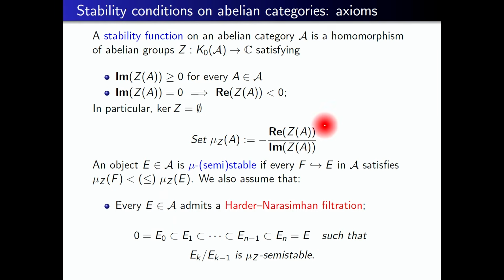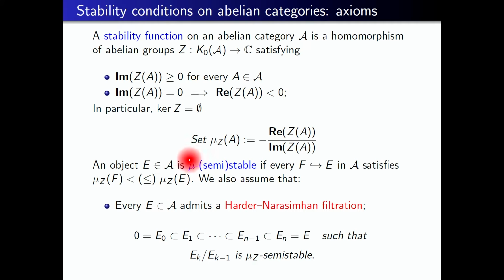Then you define what the slope is. This is the real part divided by the imaginary part, as you expect. And when the imaginary part is 0, you just say that the slope is plus infinity.